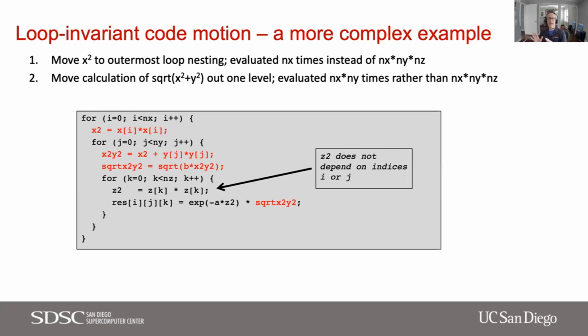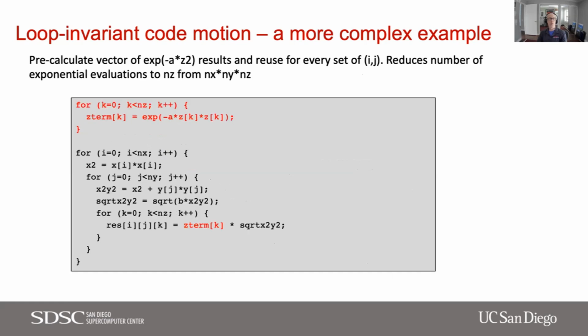But we can take this a step further. We'll notice that z2, or z squared, does not depend on the indices I or j. And of course, the exponent of minus a times z2 does not depend on I or j either. So what we can do is a little bit more complex in loop invariant code motion.